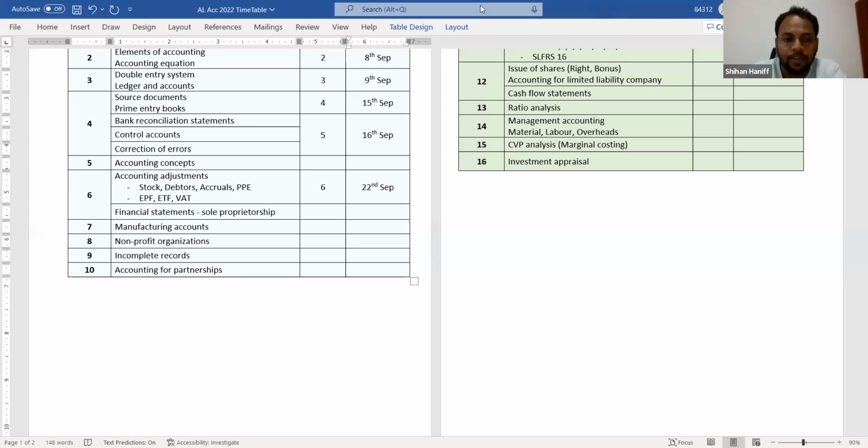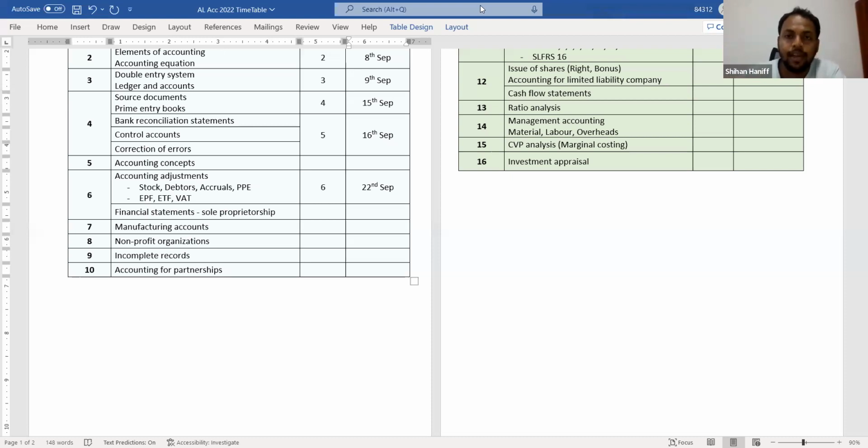Then manufacturing accounts, non-profit organizations, incomplete records, partnership, and then accounting for limited liability companies. For all these main chapters, you need to know the accounting adjustments, right? Everything going forward will be based on these accounting adjustments.